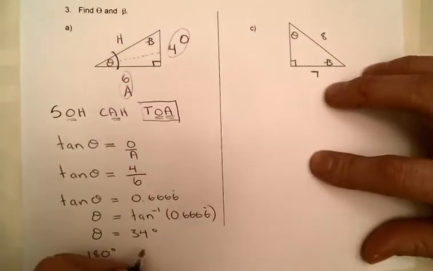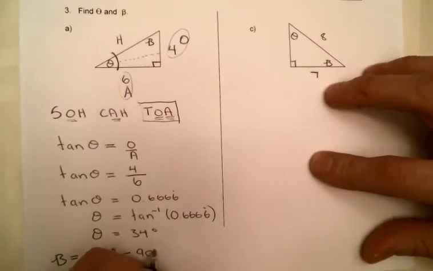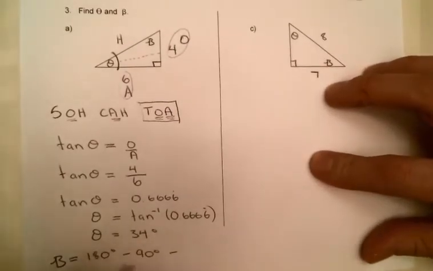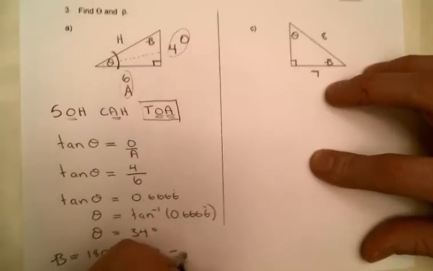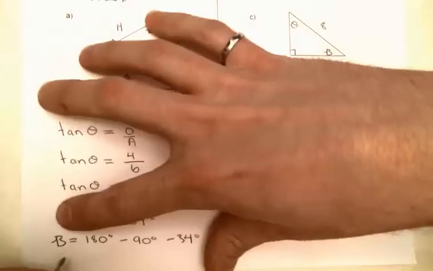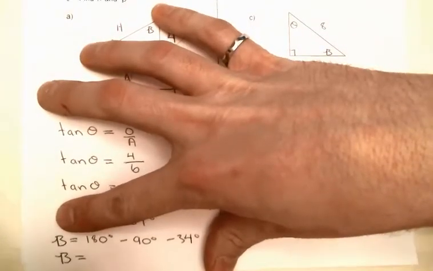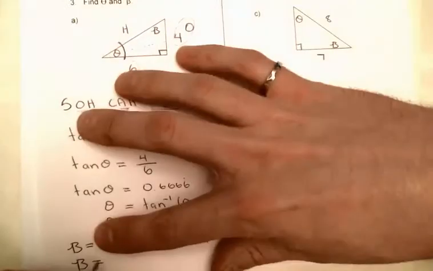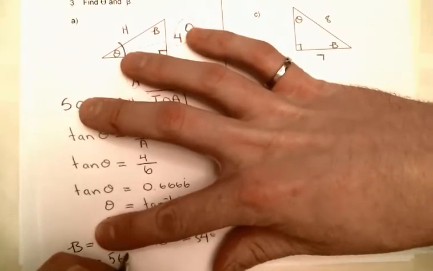So if we take away the 90-degree angle that we know, that one there, and we also take away the theta we just figured out, you will find beta. And it's much quicker than going through another trig calculation. You want to find shortcuts like this, or you want to use proper angle theories to save yourself some calculations. And in this case, beta would have to be 56 degrees.